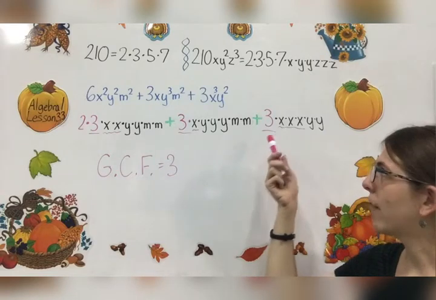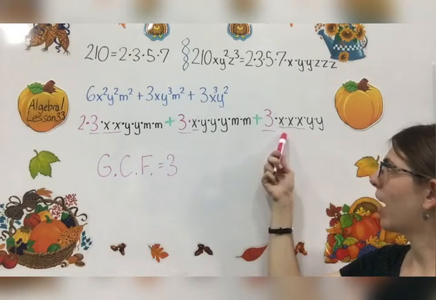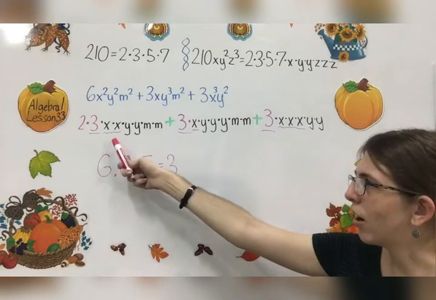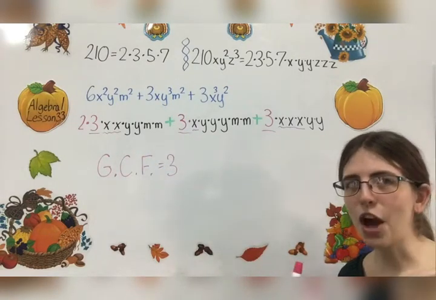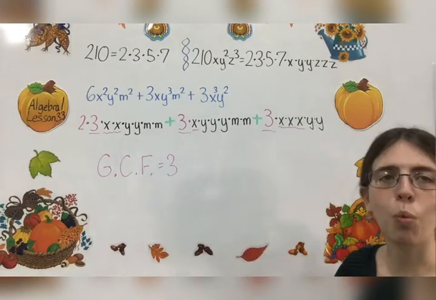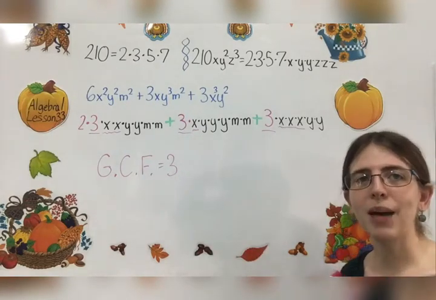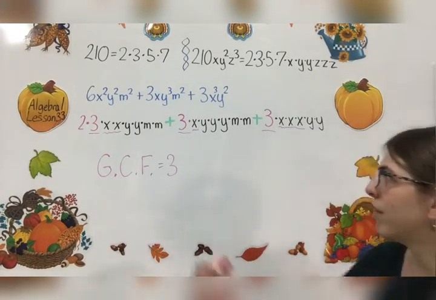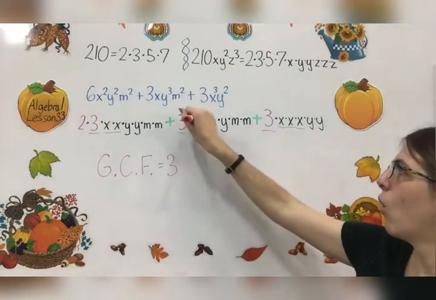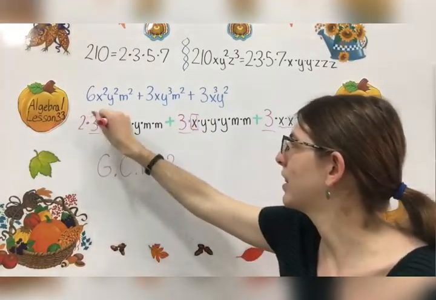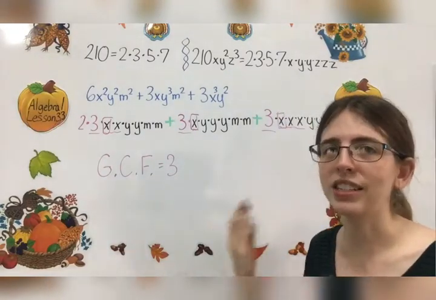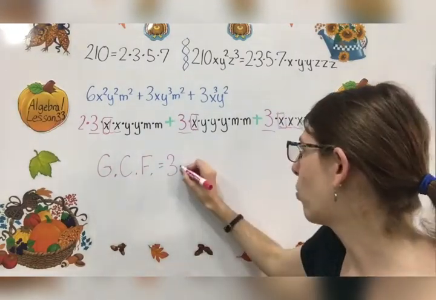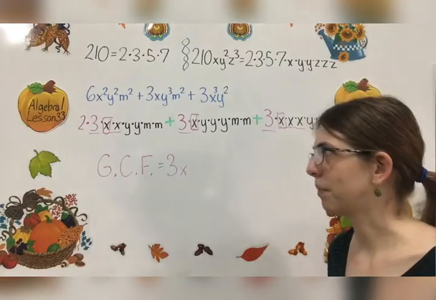So I have at least 2 x's here and 2 x's here, so should it be x squared? No, because here I only have 1 x. So the greatest amount of times that x is in all of the terms is only once. I have at least 1 x, but I don't have more than 1 in every single term. So I only have 1 x in my greatest common factor.